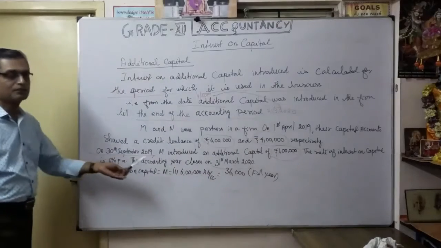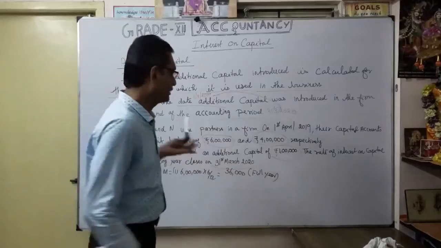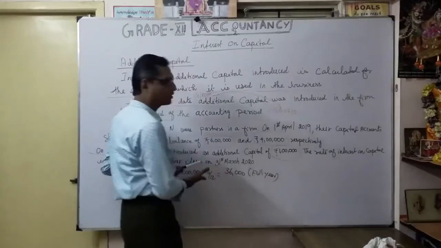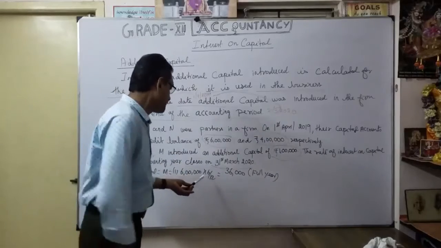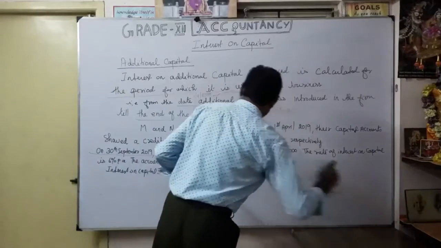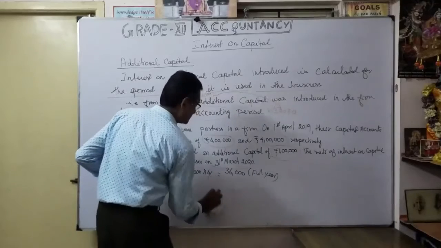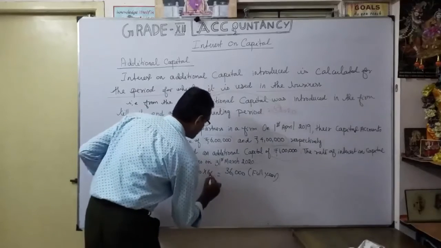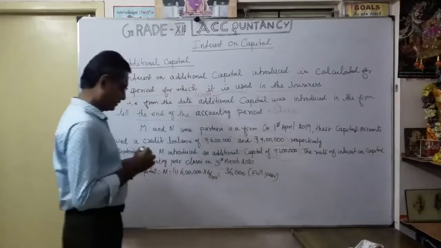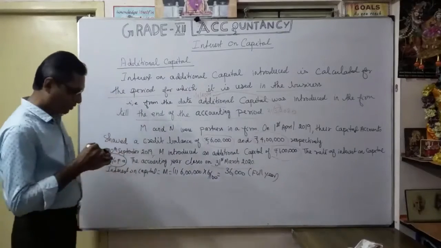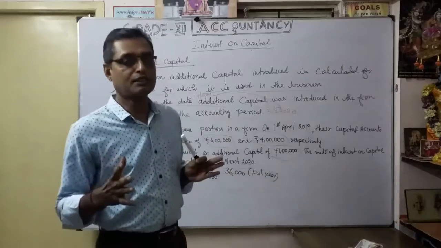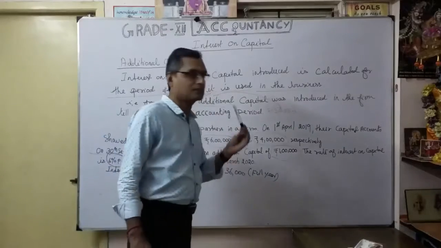The entire 6 lakhs, we can easily calculate it, at 6% interest. So as a whole, on the 6 lakhs you will get 36,000.